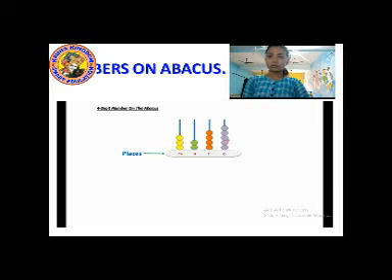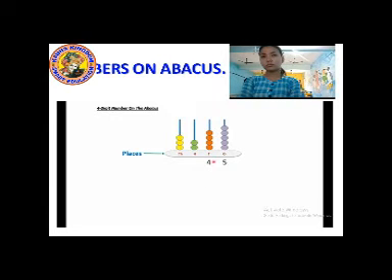How many beads are there at ones place? 1, 2, 3, 4, 5. So we have 5 beads. So write 5 below ones place. Now go to the next rod. In the next rod we have how many beads? 1, 2, 3 and 4. So write 4 below tens place.